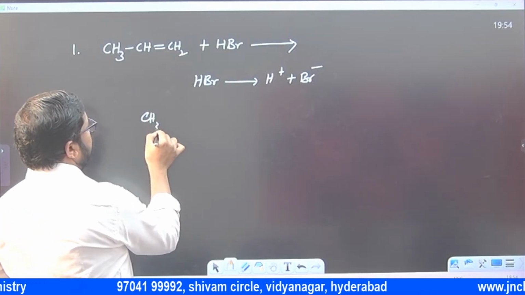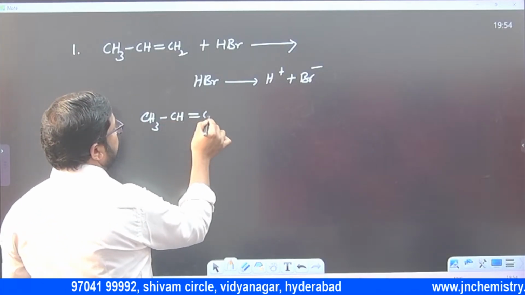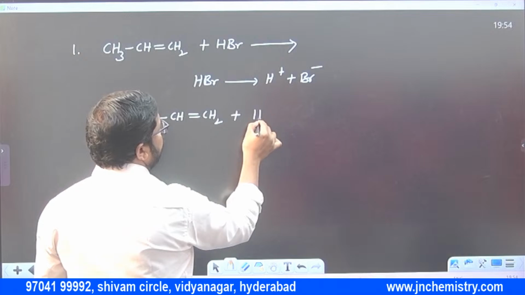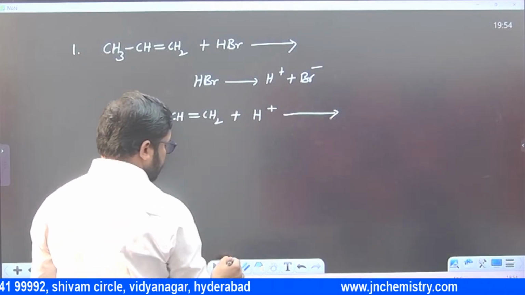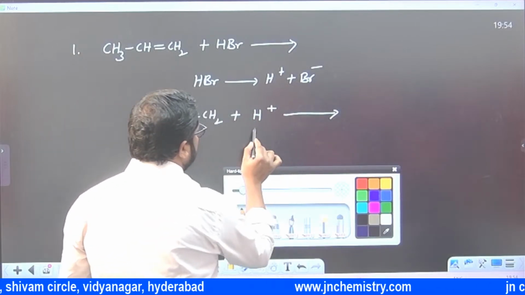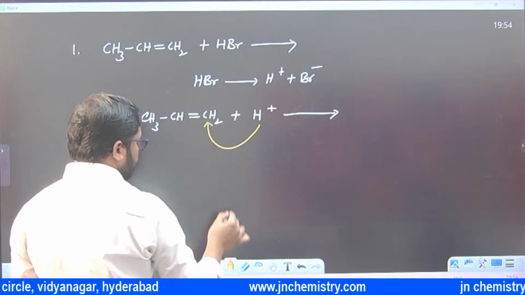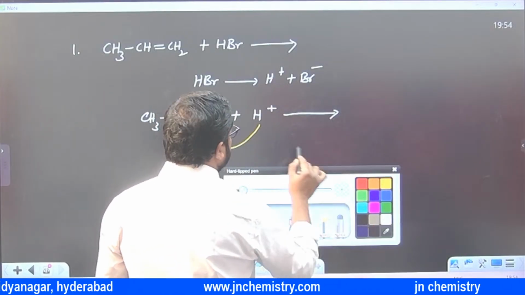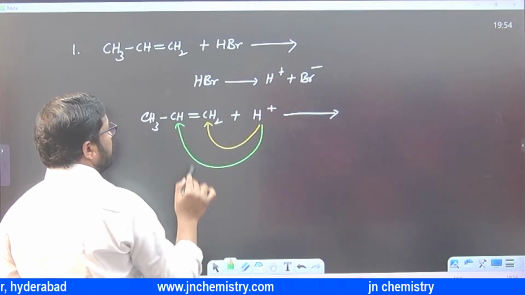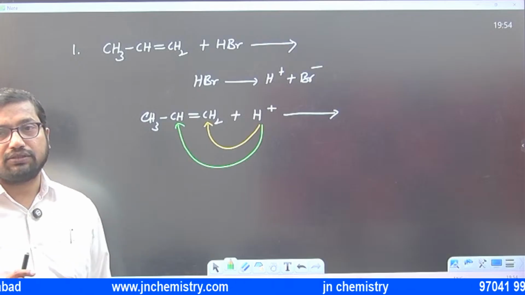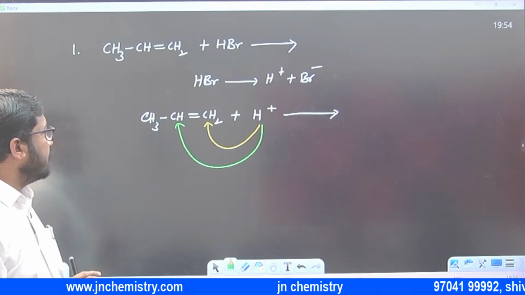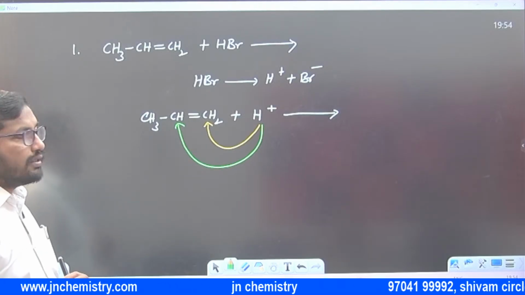So CH3 CH double bond CH2. Obviously H plus comes and attacks first. The H plus attacking here has two options now. It can attack over here, or it can attack over here. Two options are there in front of us.